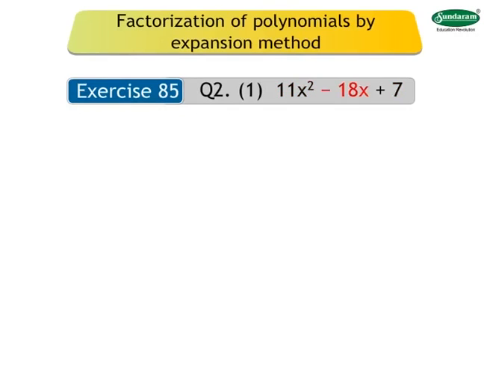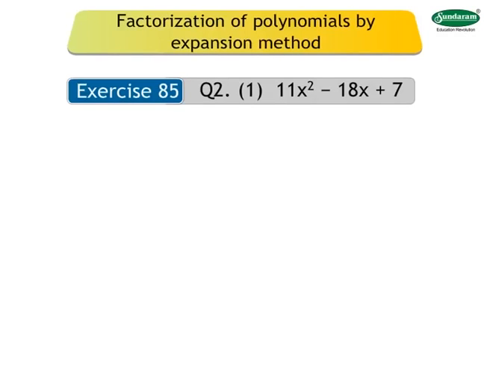So we should look for the two factors whose product is equal to the product of the first term and the last term of the trinomial, that is 11x square into 7, that is 77x square, and whose sum is equal to the middle term, that is minus 18x. Therefore, we can write minus 18x as minus 11x and minus 7x.